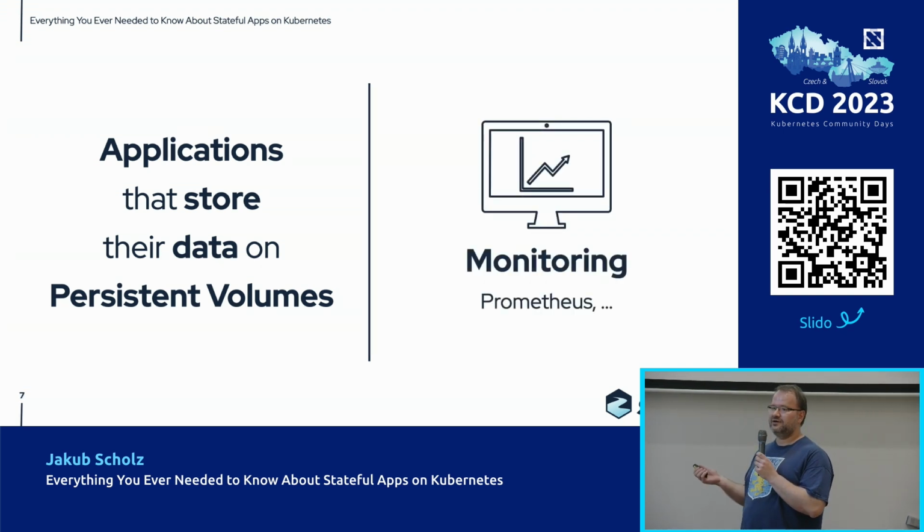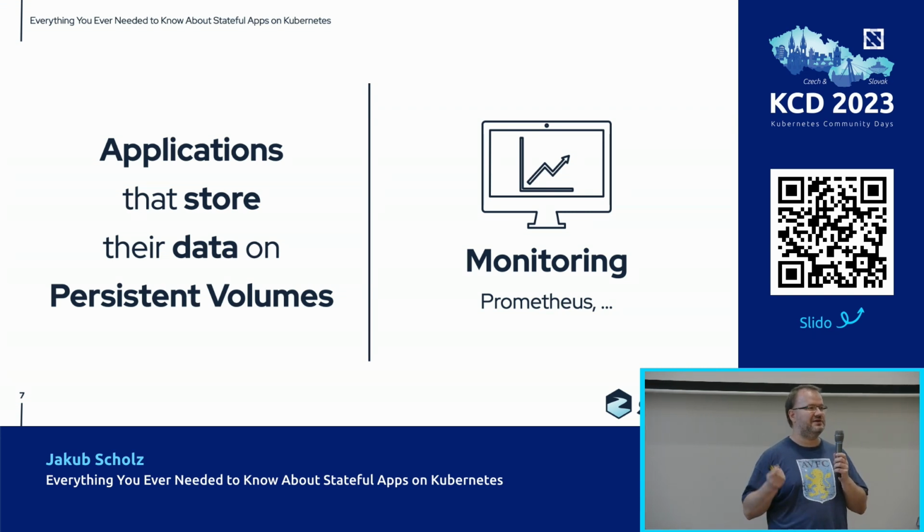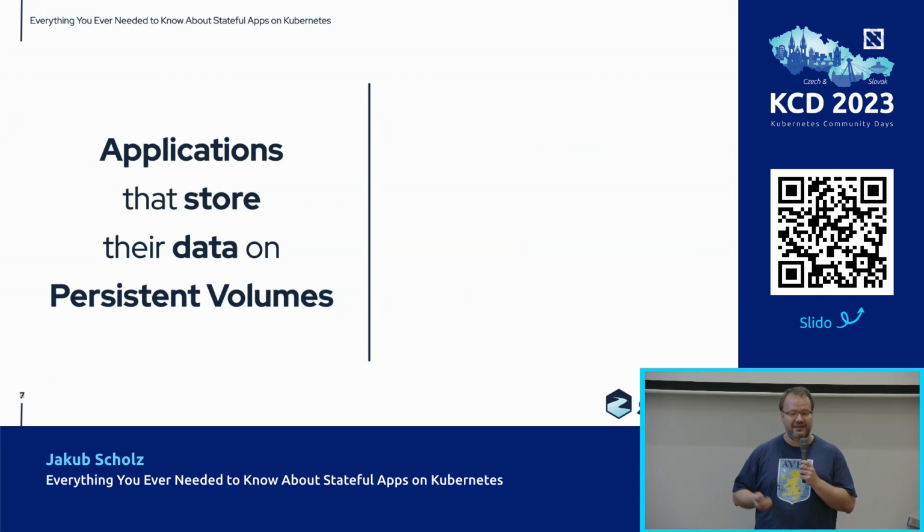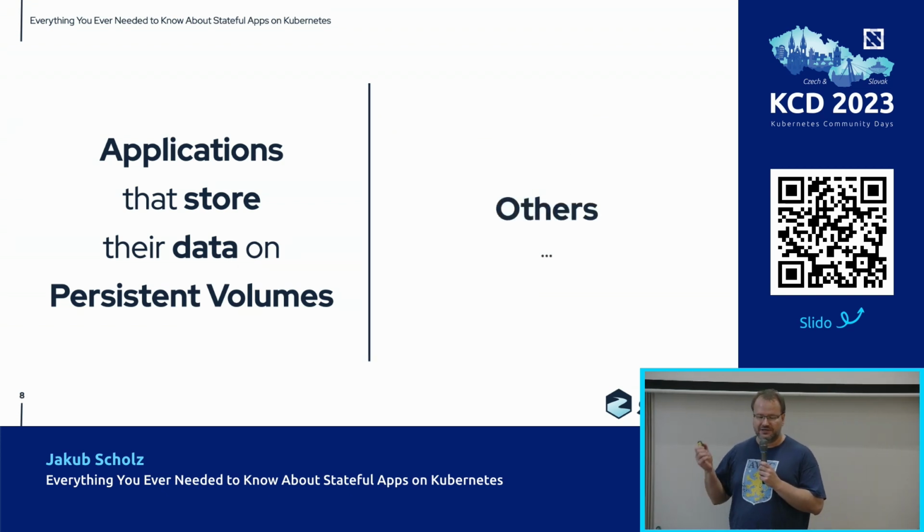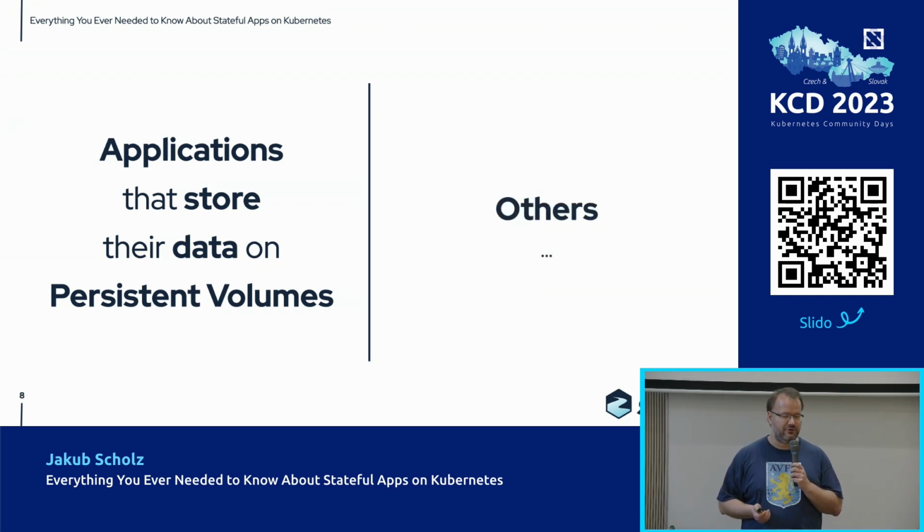Monitoring is another area which kind of fits into the pattern. To be honest, you can also fold this under databases, for example, because Prometheus, at the core, is basically a database. And there are many others as well. So these will be the applications which I will be talking about and focusing on.